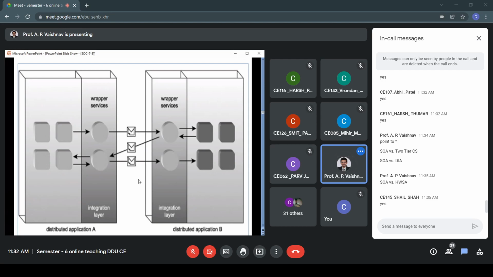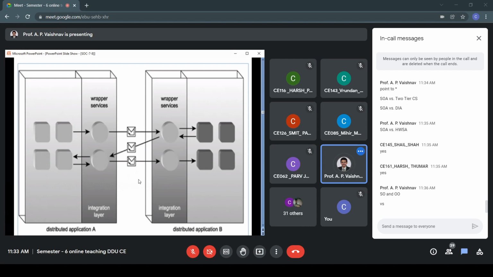Fine. So now we'll look at the other aspects. The next comparison which I'm going to make is service orientation and object orientation. So it is not versus, because ultimately, how you are implementing the services, even in WCF or even when you will learn Web API, what is the programming language or programming style you are going to use?